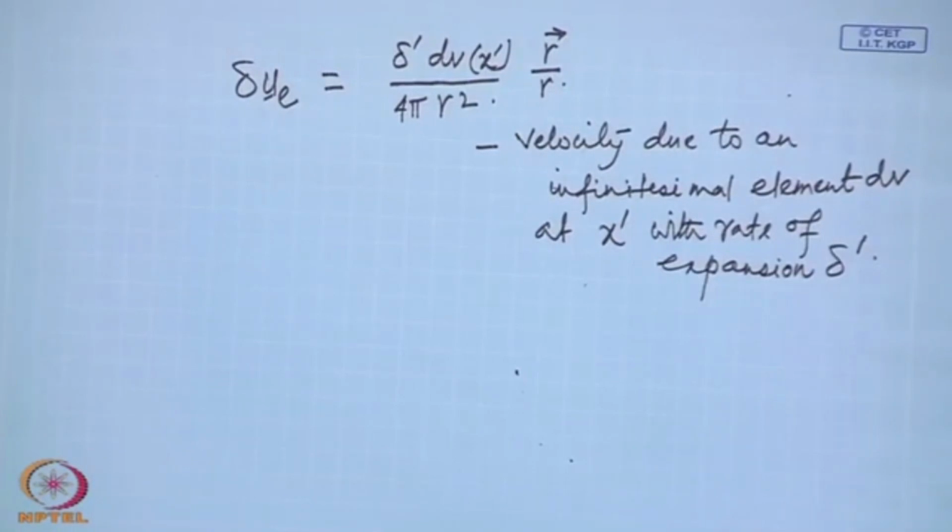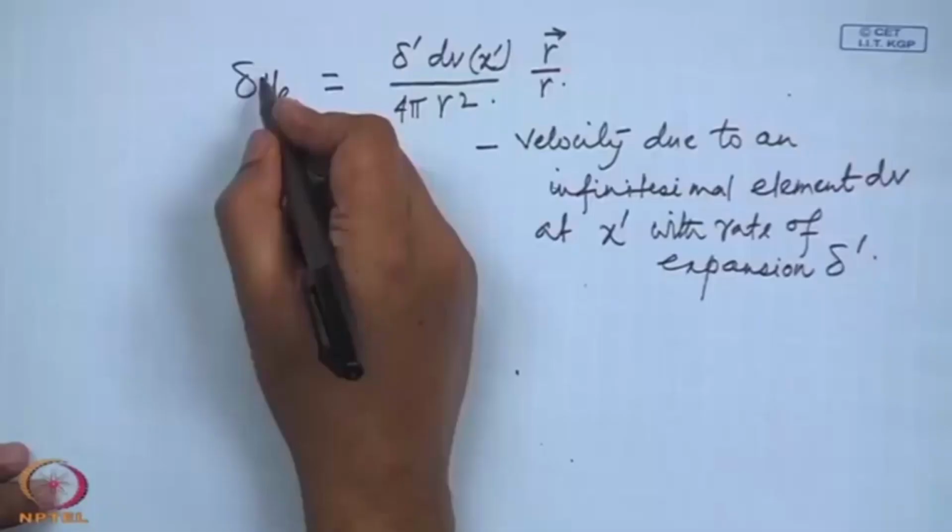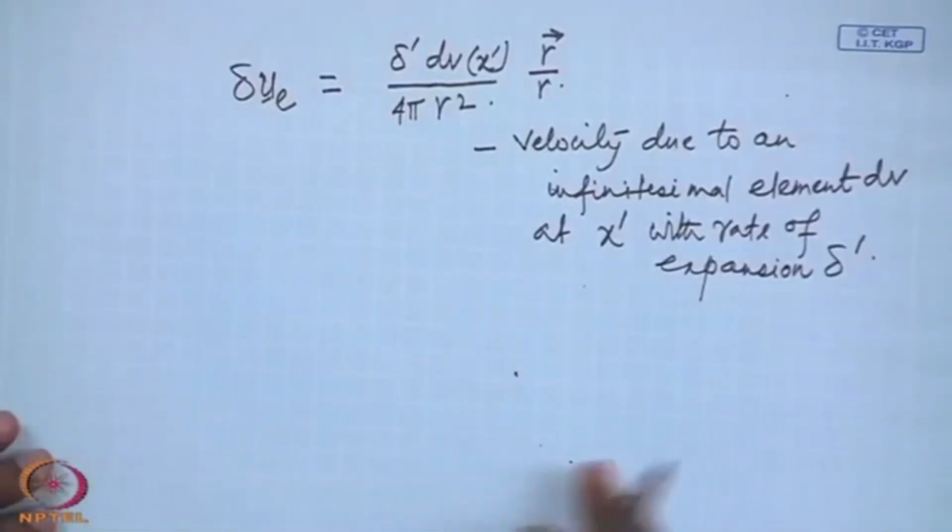And this delta prime dV prime can be called the strength of that volume source, that is the volume it is increasing. So, we now have got the velocity field associated with a specified rate of expansion.